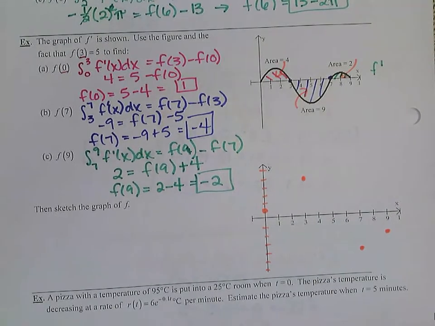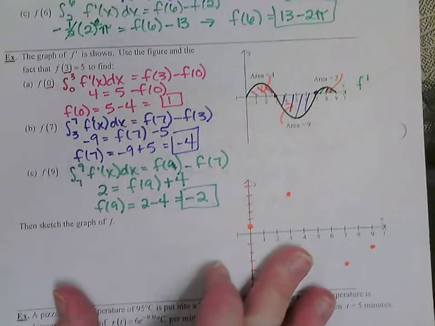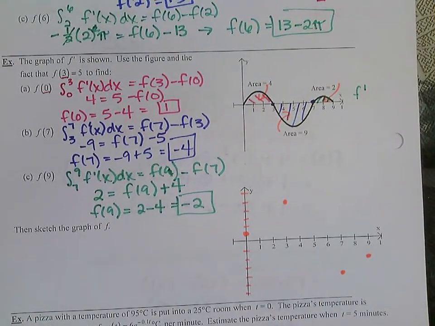Now they've given us the graph of the derivative of f. And last semester we learned that the graph of the derivative tells us things about the function. What are some of the things that the derivative tells us about the graph of a function and how it's behaving? Where the derivative is greater than 0, the function is increasing.